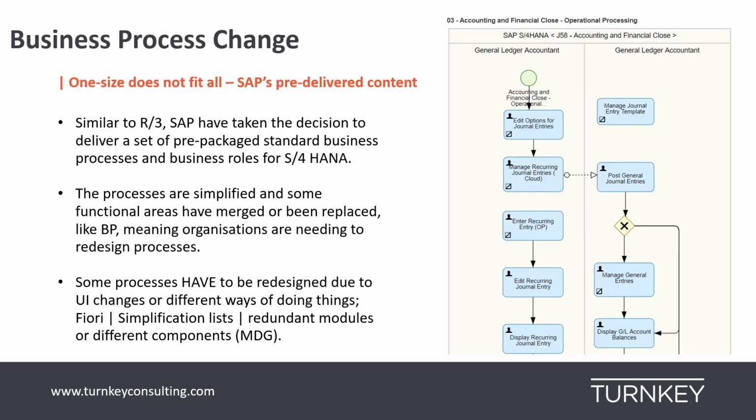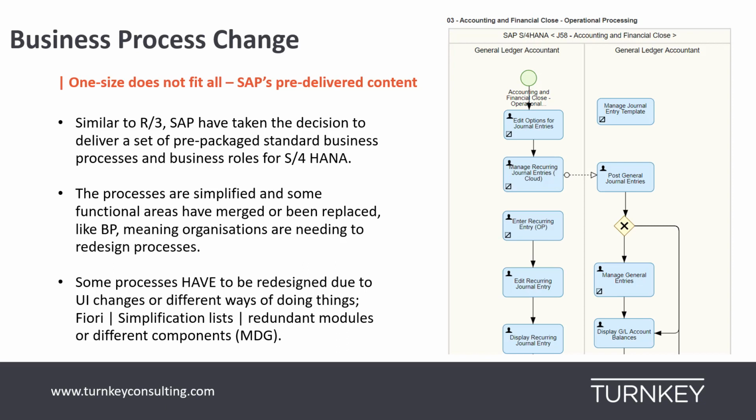The business processes, as you can see from the current screenshot, the general ledger accountant is an off-the-shelf business role that is available for the accounting and financial close business process. So if an organization adopted the best practice, as SAP call it, of the business processes and the business roles, you can start to see they inherently have far too much, wide-ranging access for one business role, and they really need to be split up and segregated.